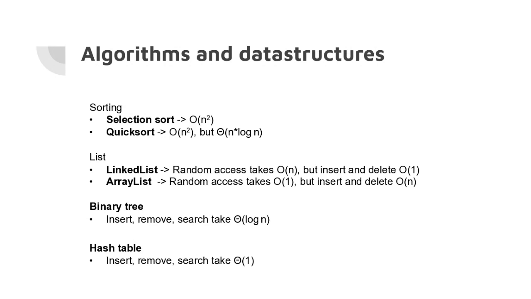Then some common algorithms and data structures we saw. Selection sort has a worst case and also average case complexity of n squared, so it's not quite efficient for sorting. In selection sort, you always take the maximum number of a list, you put that at the end of the list, and then you continue with the remaining elements, and you do that iteratively. So you're going to compute n times the max.